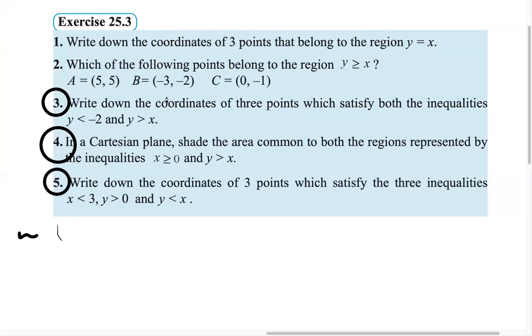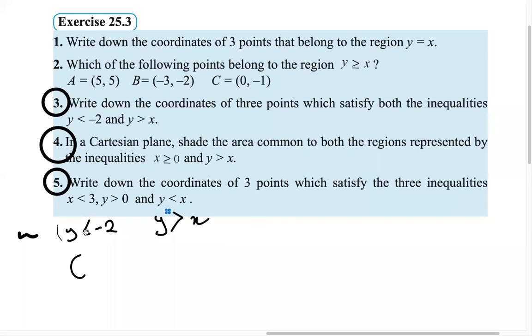Right. So write down the coordinates of 3 points which satisfy both the inequalities: y is smaller than -2 and y is greater than x. So how can you write down coordinates of 3 points? What is the coordinate that you should decide first?